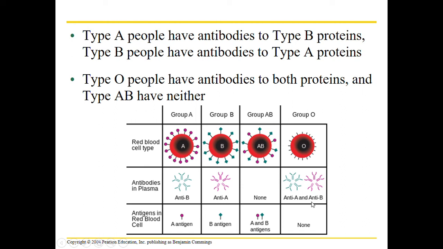If you had a blood transfusion and someone gave you type A, type B, or type AB blood, those anti-A and anti-B antibodies would attach to the red blood cell proteins, clump them up, and it could cause death. That's why it's super important to know your blood type if you're getting a blood transfusion or giving blood donations.